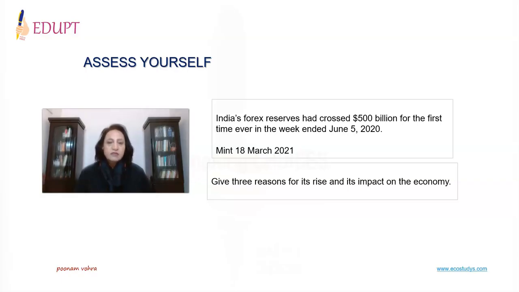The news item is: India's foreign exchange reserves had crossed $500 billion for the first time ever in the week ended June 5th, 2020. The question is, give 3 reasons for its rise and its impact on the economy.